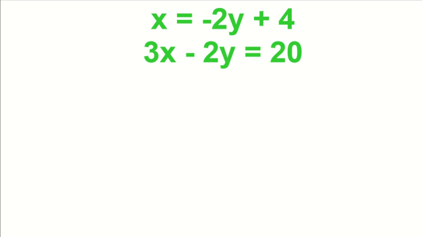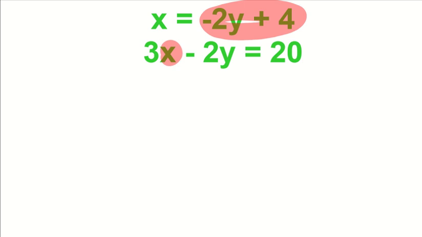All right, so this one, I'm going to show you just a little bit different. What's different about this one? It's not a y equals, it's an x equals. Everybody see that? All right, so you know what that means? If I got x equals, this is going to go in here.